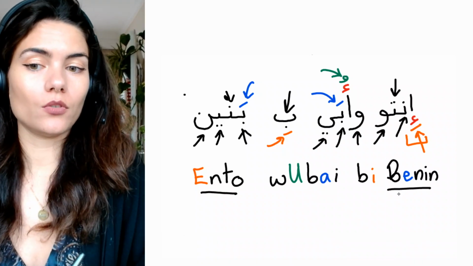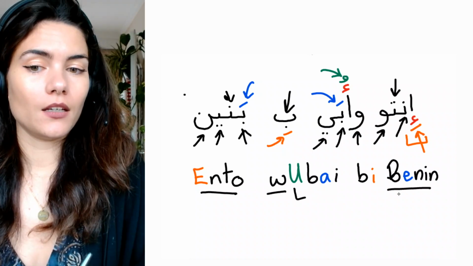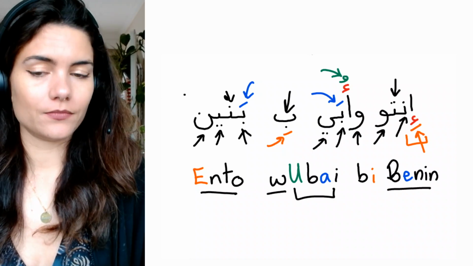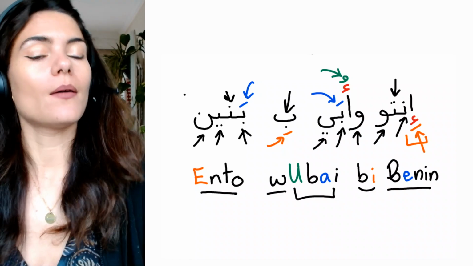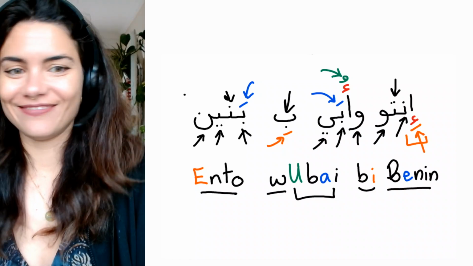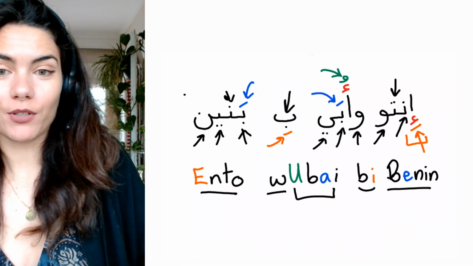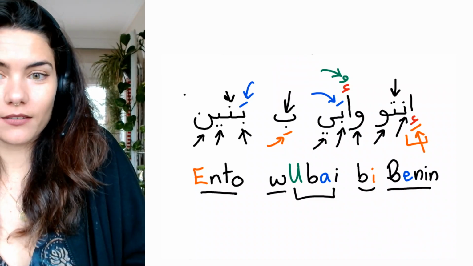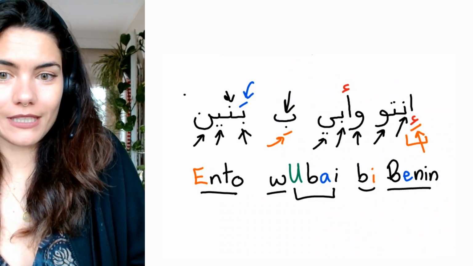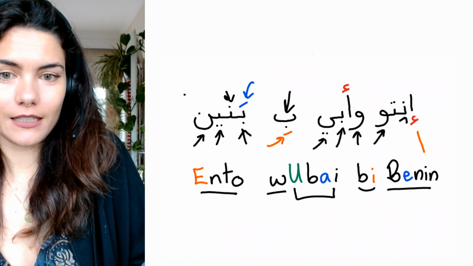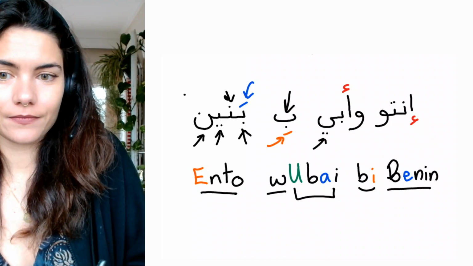Ento, you, U, and Ubay is a name. Be in Benin. طيب? But remember that actually in Arabic writing, we would simply see this.